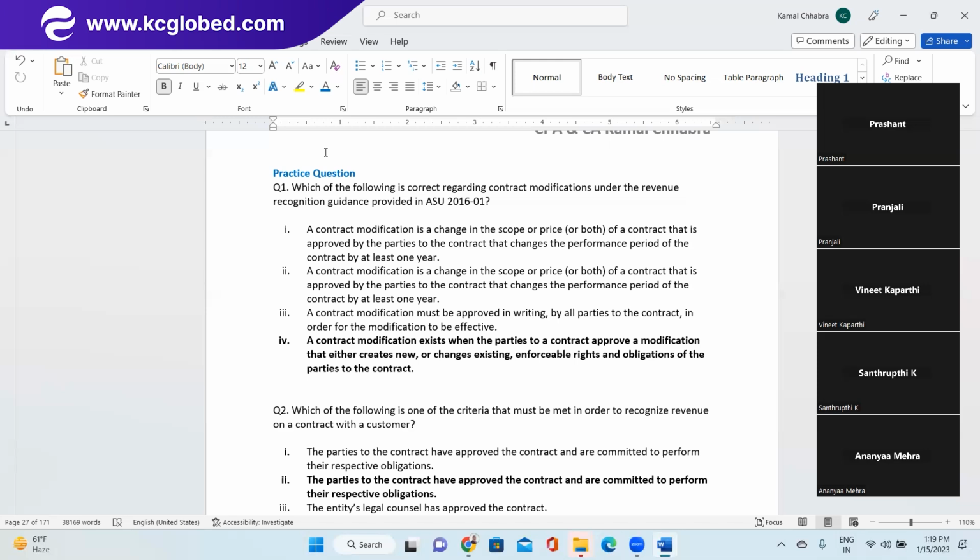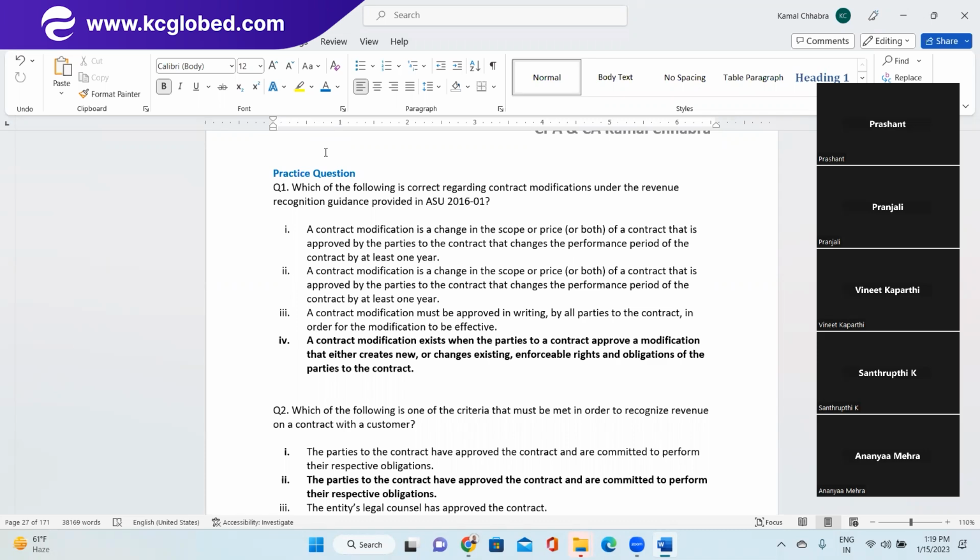Yeah, so does everyone agree with Prashant's explanation, or does anyone have a different view or would like to add something to what Prashant has shared? Vineet? So firstly, once the contract has been made, there is no time restriction.